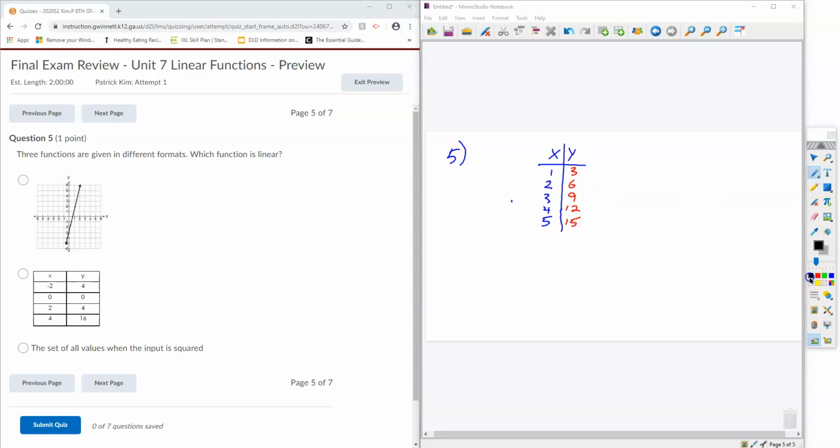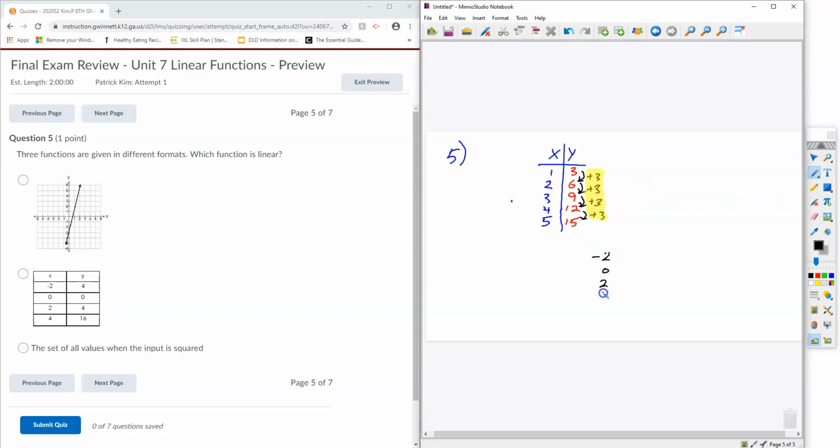If you notice, to get from 3 to 6, that's plus 3. 6 to 9, plus 3. 9 to 12, plus 3. 12 to 15, plus 3. We're adding 3 each time, and this right here is the clue to say that it is a linear function.